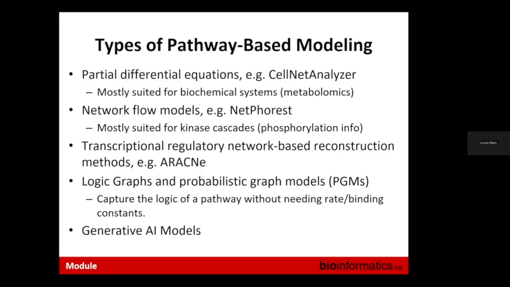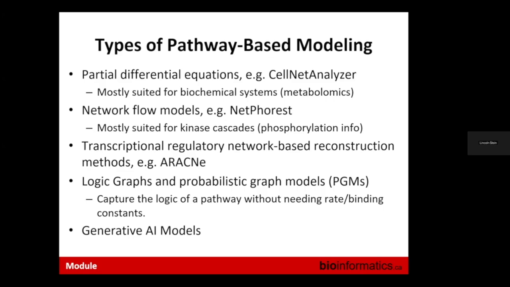And then there are two more general types of modeling systems. There are logic graphs and probabilistic graph models, also known as PGMs, which take a pathway and then capture the logic of up and down regulation interactions and attempt to infer what will happen down here when you affect something up there.